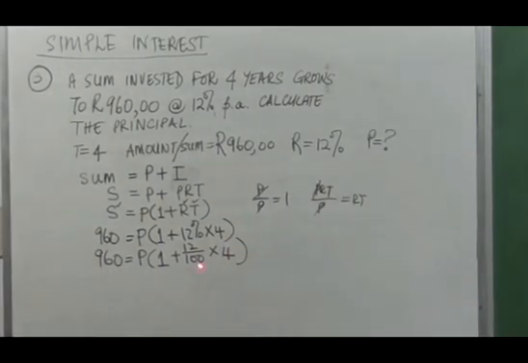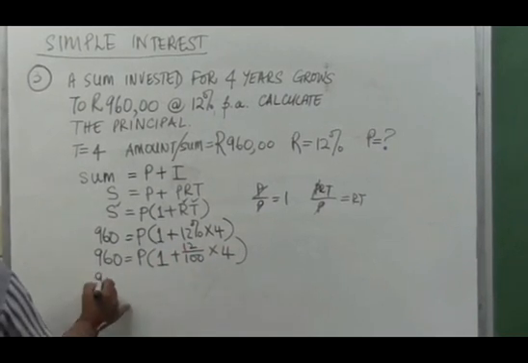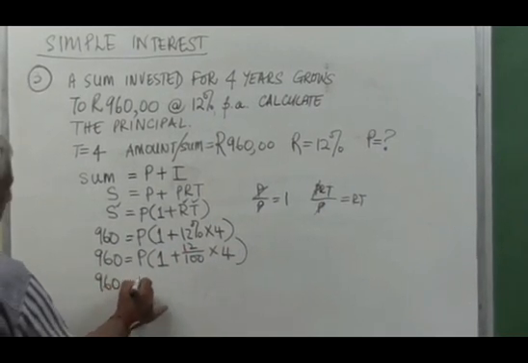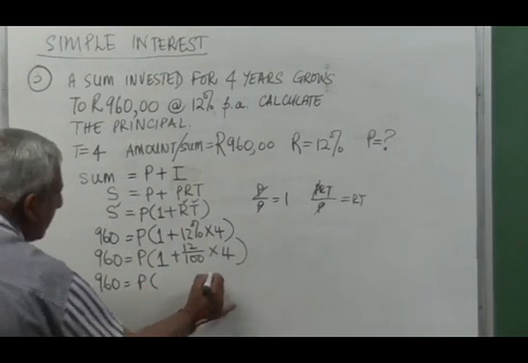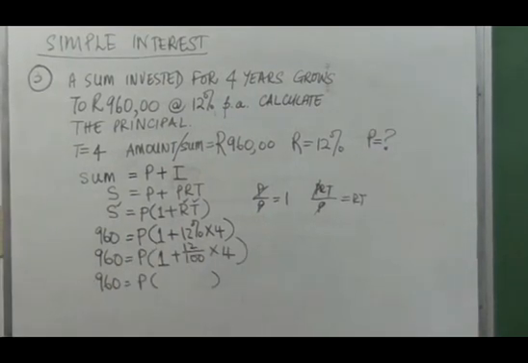Maybe it's better that we put this in the calculator and see what answer we get. So we'll have 960 is equal to P into.